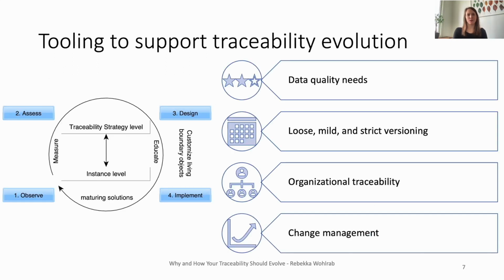We also present how tooling can support traceability evolution better in the future. Current tools do that to some extent, but we really saw the need to have more flexible data quality needs and be able to identify the needs for individual trace links at certain points in time.